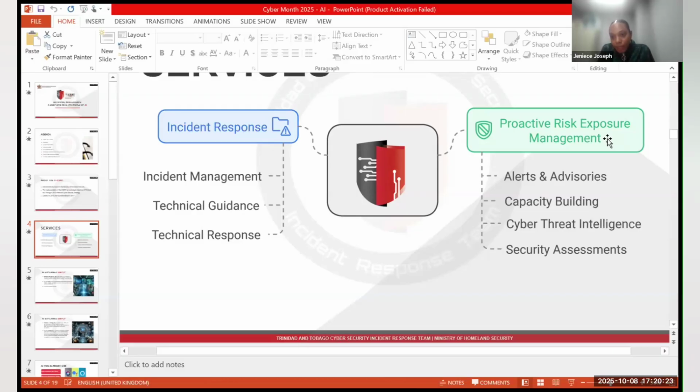In terms of cyber threat intelligence, we are part of a lot of networks, both regionally and internationally. And one of those networks is called the CSIRT Americas Network. It's basically a network of cybersecurity incident response teams within the Latin American and Caribbean region. And what we do is share information, best practice information. We also share threat intelligence information. So let's say, for example, an incident has occurred in Chile, right? And we are dealing with the same incident in Trinidad.